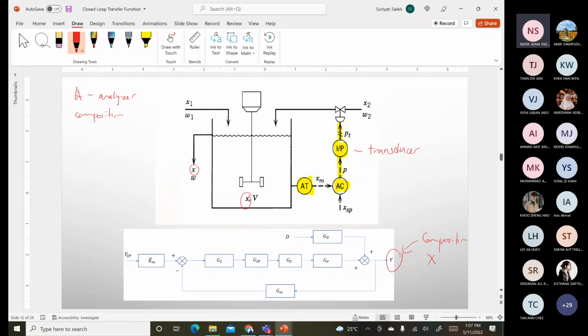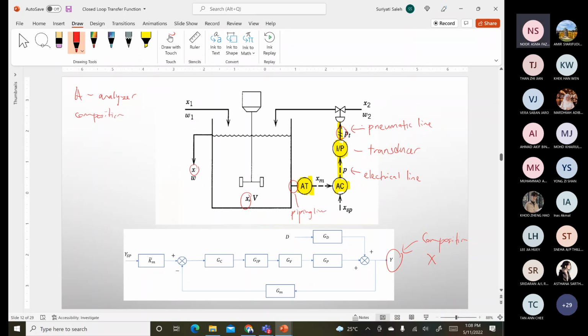If you may recall for the P&ID diagram, the dash line represents the electrical line, and this line is called the pneumatic line. And if you have the solid line, then this is what we call the piping line.